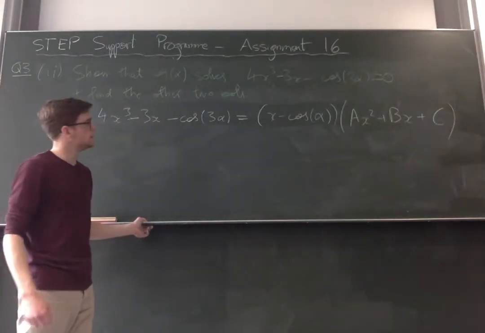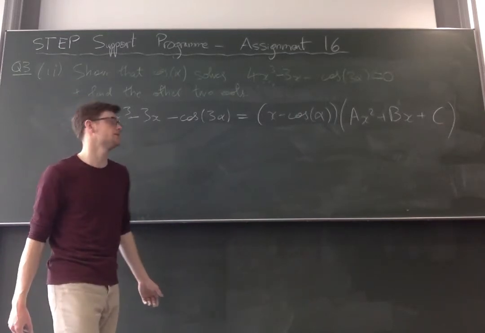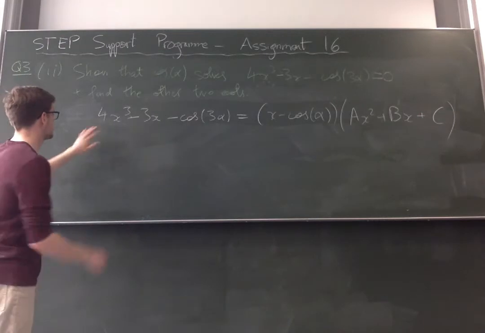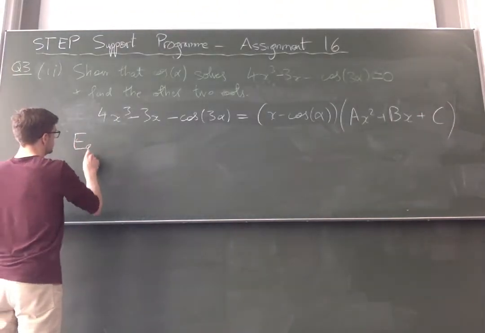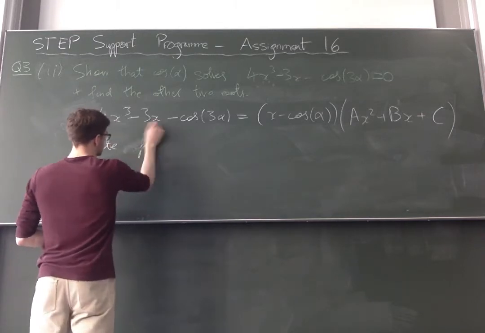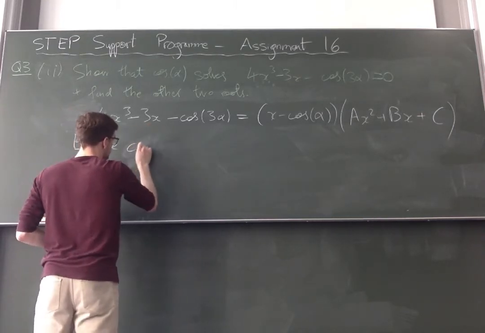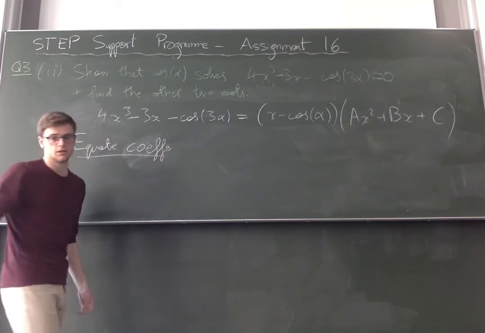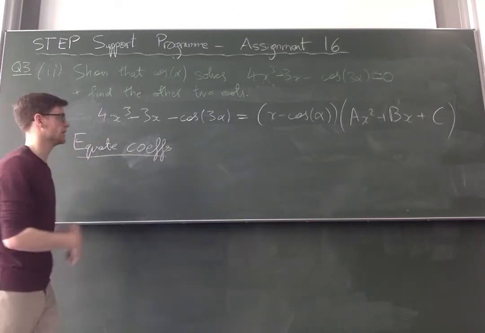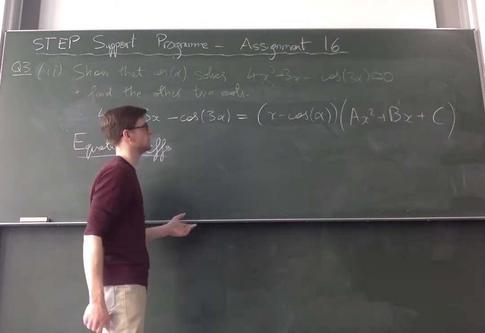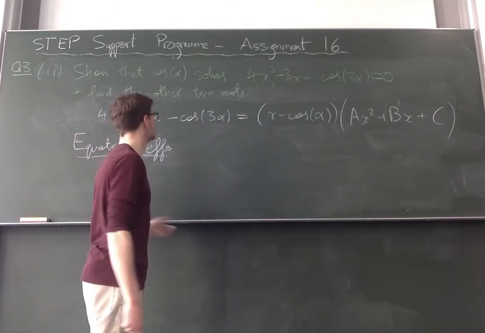Now we can equate the coefficients as hinted at. The thing to do is write down "equate coefficients." You really should say this is what I'm doing. Otherwise, you just look like you're pulling equations out of thin air, and even if they're the correct ones, you might lose a mark that really was just silly.